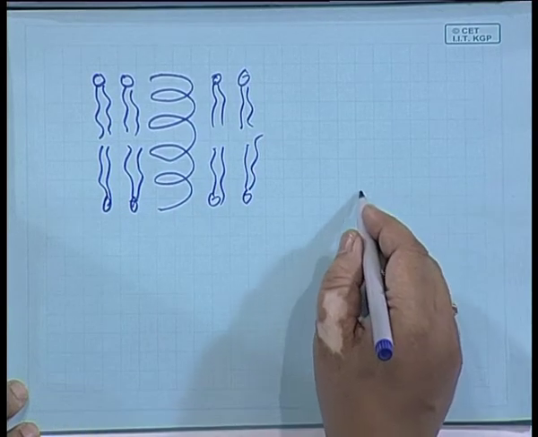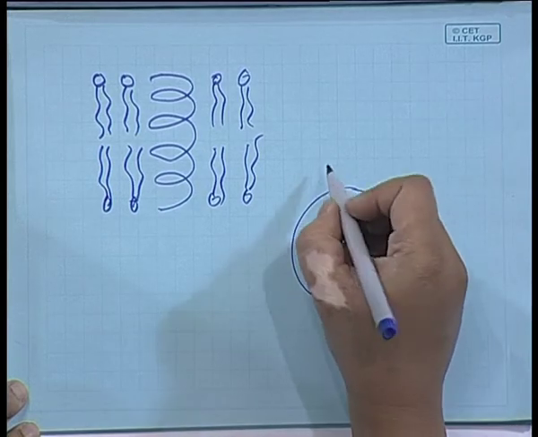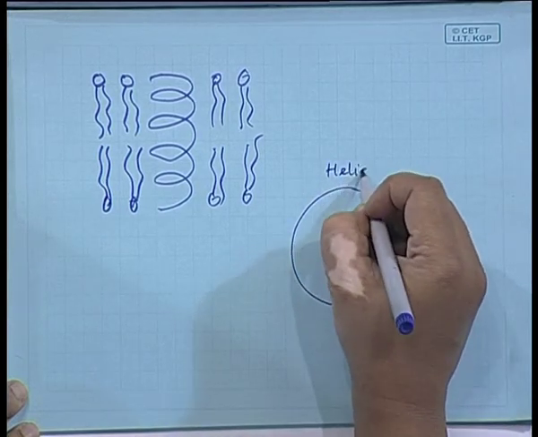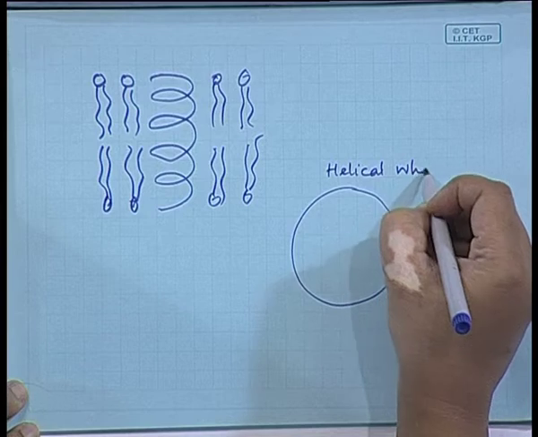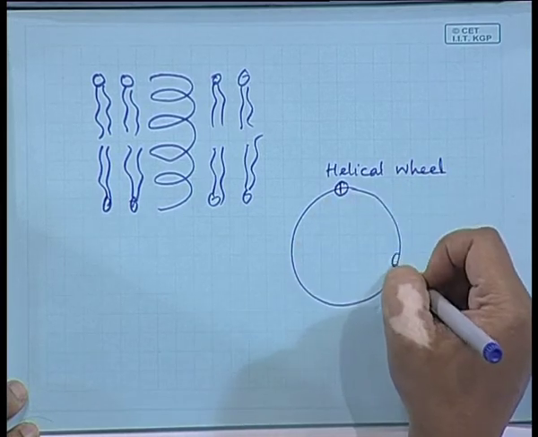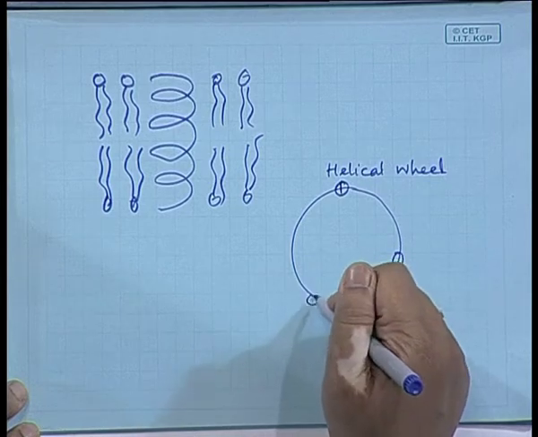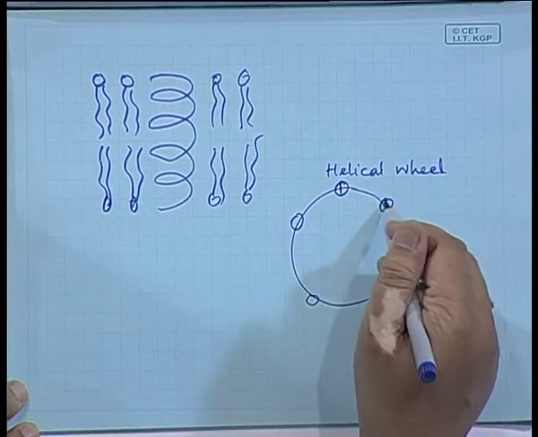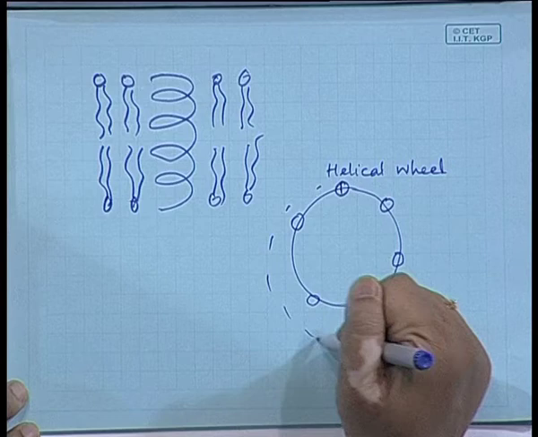If I construct a helical wheel, say my helical wheel, and I have my different residues, say 1, 2, 3, 4, 5 and so on. What do I expect on the surface here?